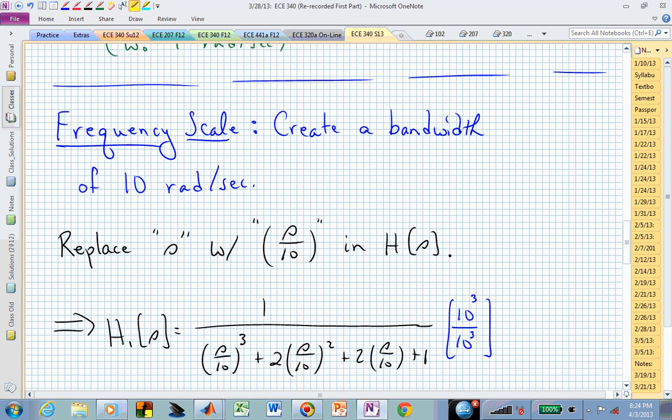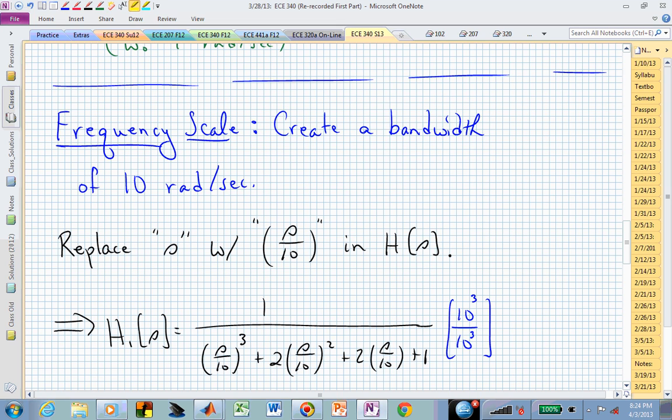That's a little bit ugly. We could, I guess, put the 1,000, the 100, and the 10 upstairs by saying 0.001 in the scaling of s cubed. But we can clean that up if we simply multiply by 1, where 1 now is written as 1,000 over 1,000.